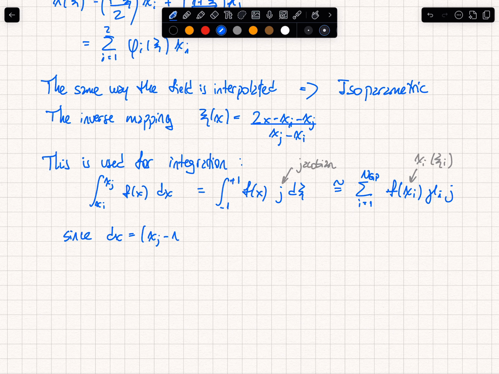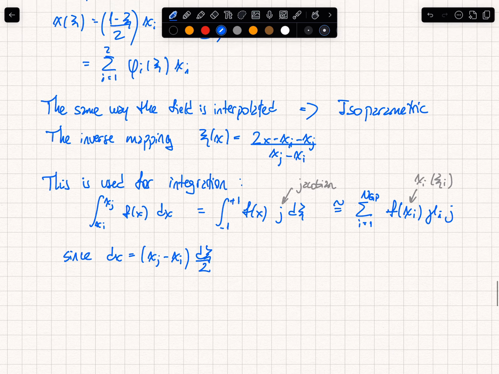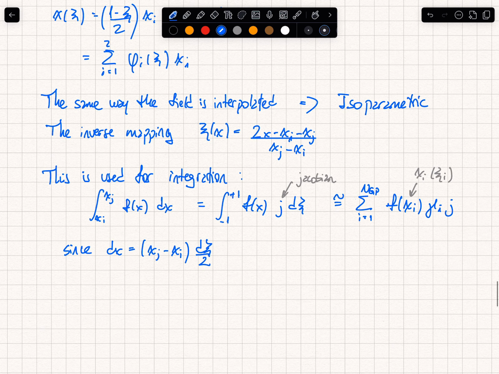But let me finalize this expression, and I'm going to write here, since dx is equal to xj minus xi, which is the length of the element, times dxc divided by 2, and that is simply just applying the derivative of x.